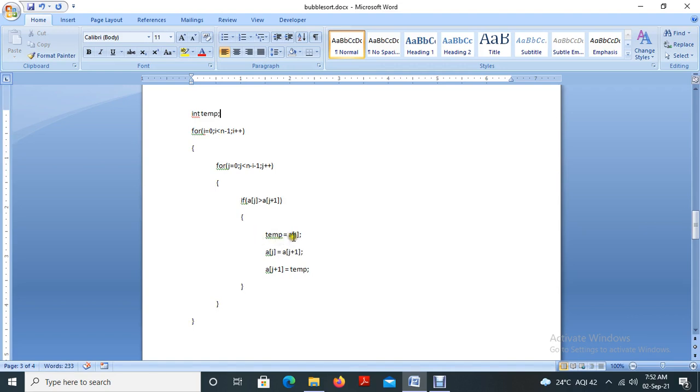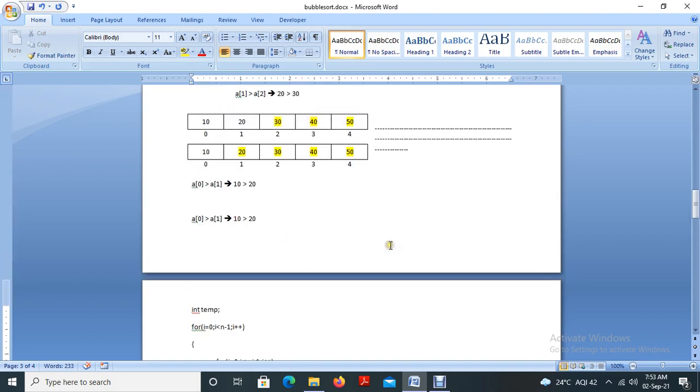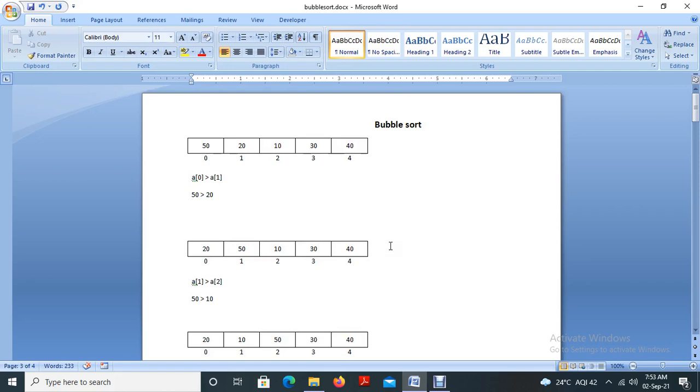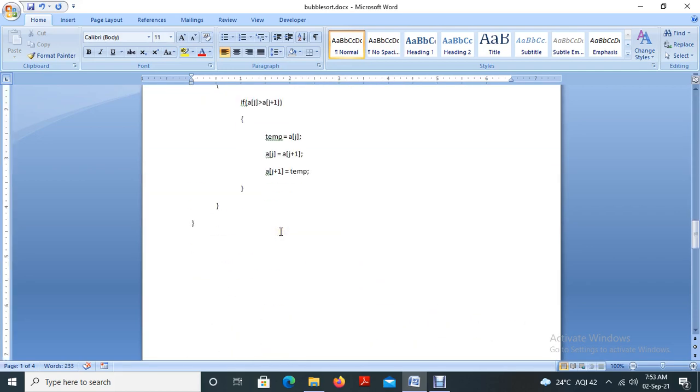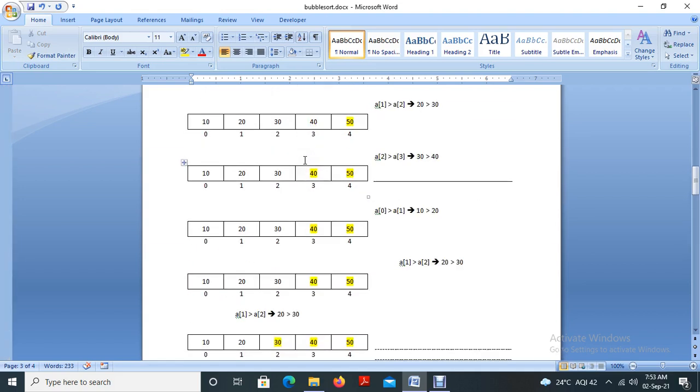Temp equal to a of j, so that temp value will contain 50. Temp will store a of j, that is a of 0, that is 50, and then a of j is equal to a of j plus 1, that is 20.